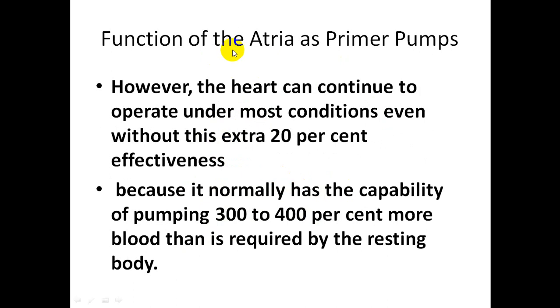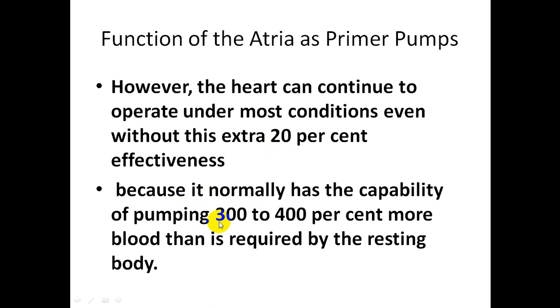What does that mean? That means that normally the cardiac output and stroke volume are not too much affected in a normal heart by this 20%. For example, in exercise, the heart can increase its pumping by 3 to 4 times.